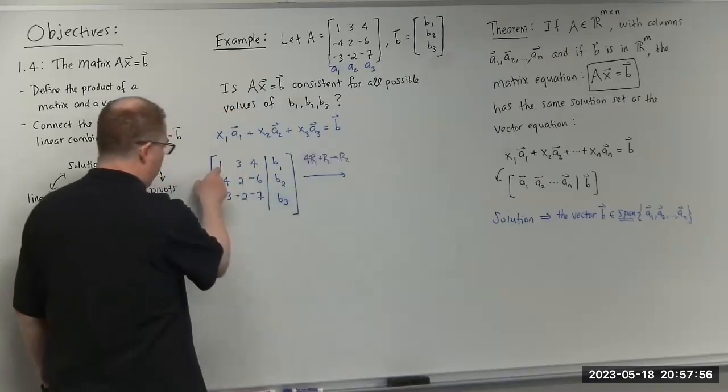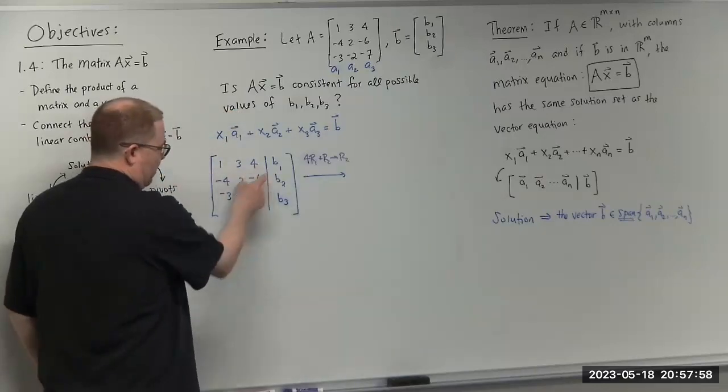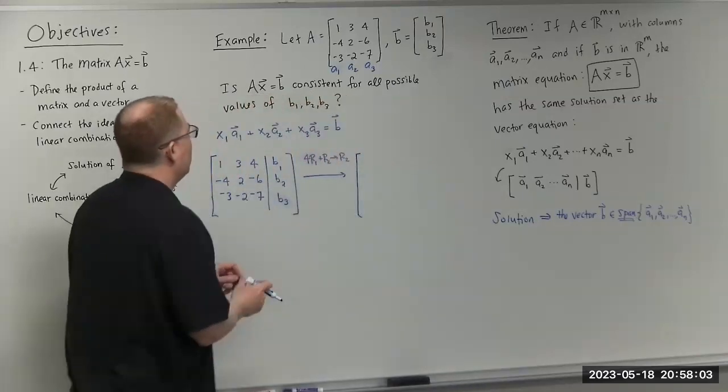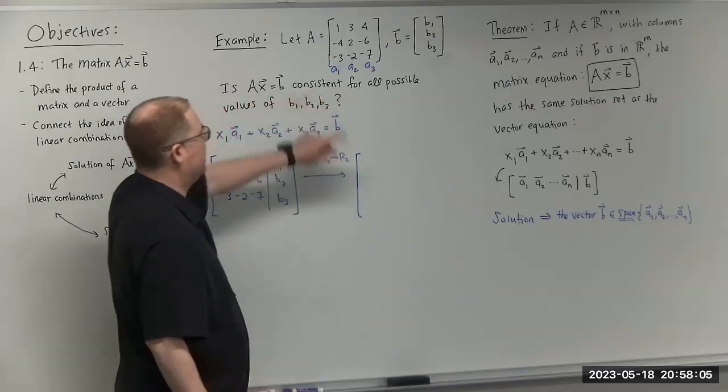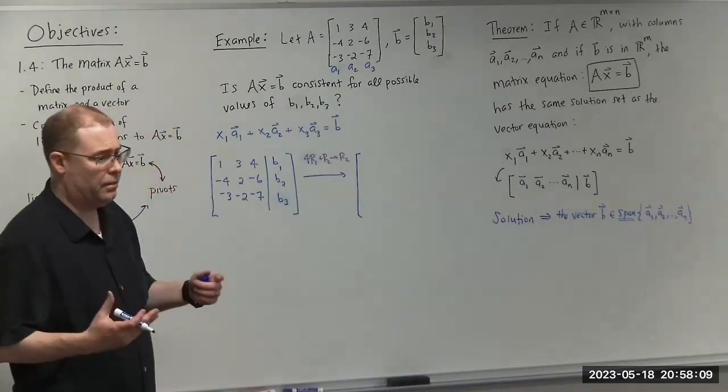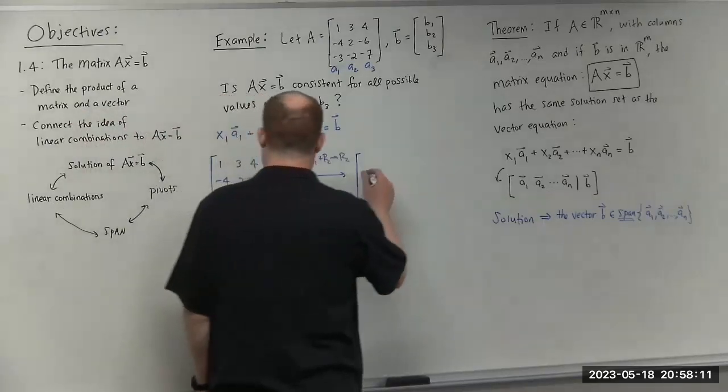Remember, whatever I do to this one, I have to do for each of these values to keep the system the same. And going back here, remember, consistent means that there is a solution, whether it's a unique solution or infinitely many solutions.